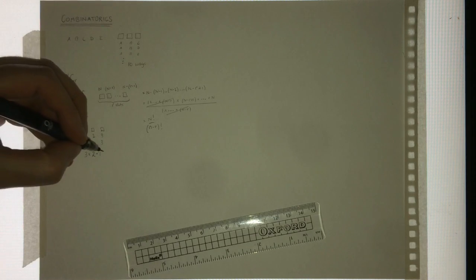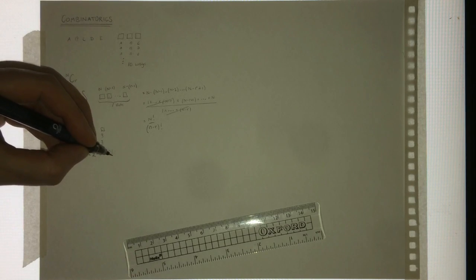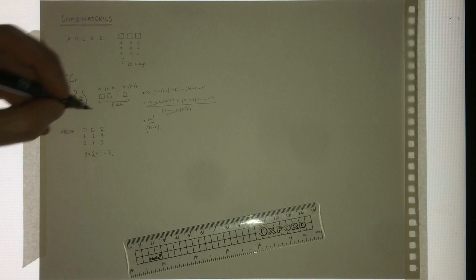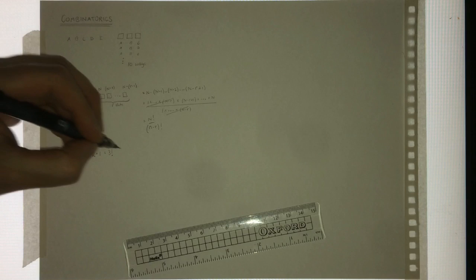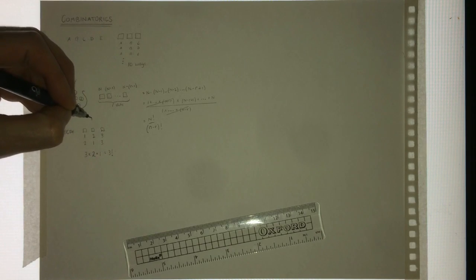So that would be 3 factorial. But we have r slots, so there's r factorial duplicates.